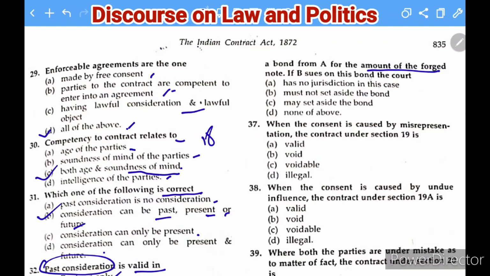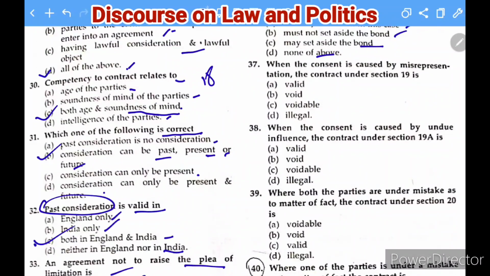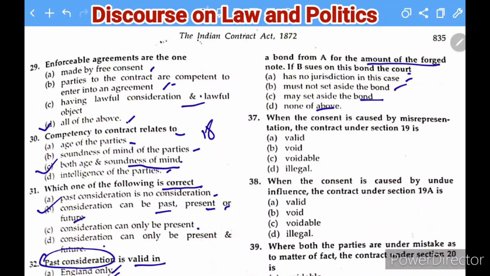If B sues on this bond, the court: has no jurisdiction in this case, must not set aside the bond, may set aside the bond, none of the above. So what is the right answer here? Just give your answer. Yes, may set aside the bond.